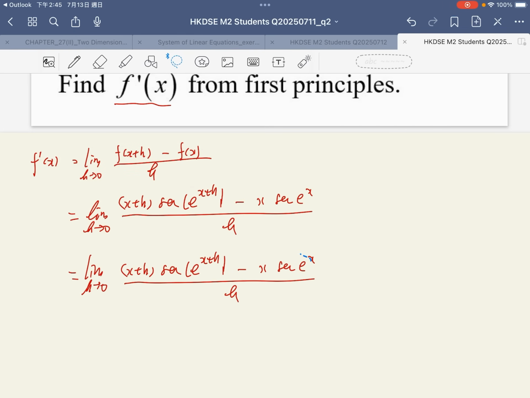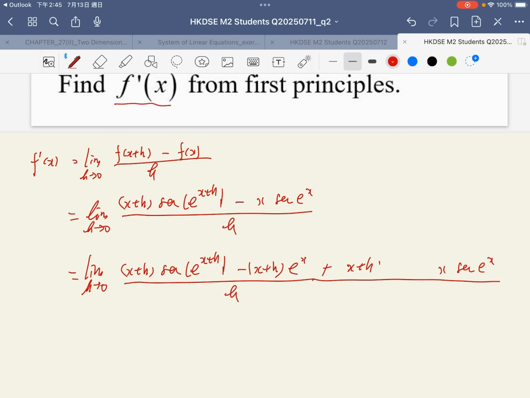Move this to the most right hand side and insert a term which is (x+h) times e to the power x, and then plus... oh, sorry. (x+h) times e to the power x minus h.